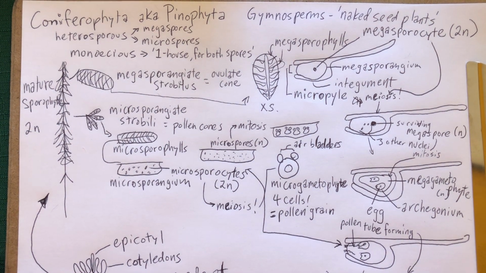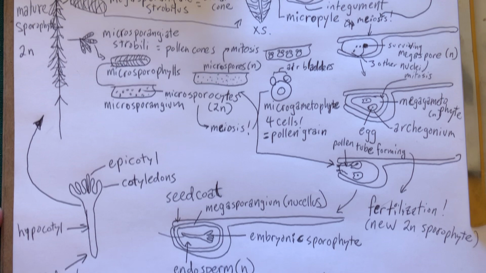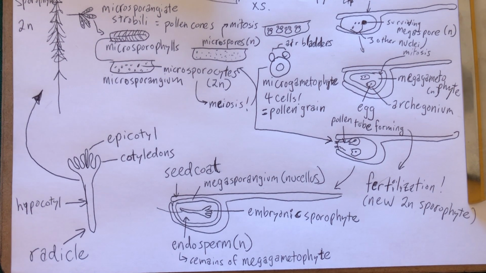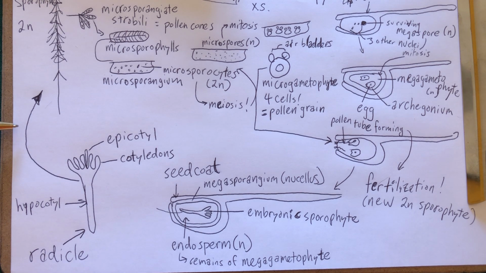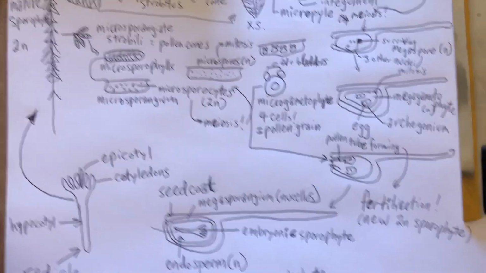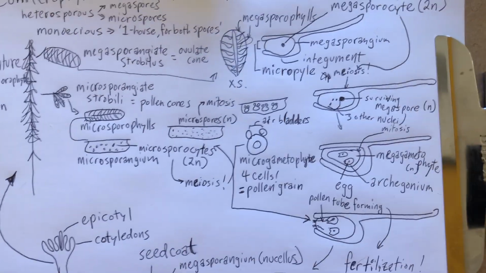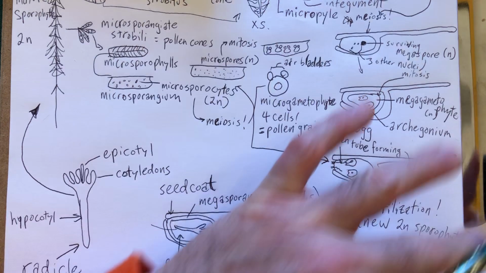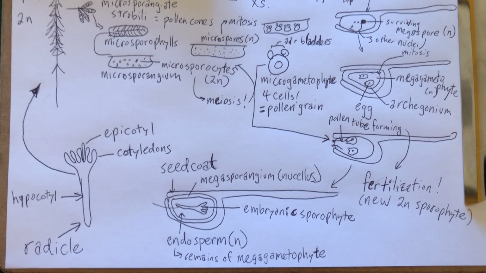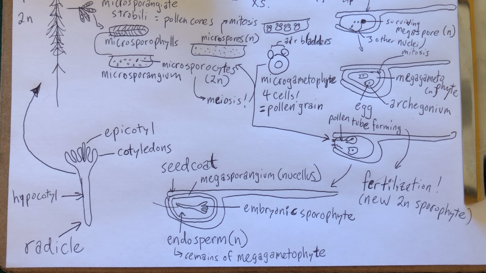So the vast majority of the life cycle is happening in this arrow here. But the part that we're interested in from a testing perspective for what you need to know about the life cycle is all the rest of this. Okay? So happy pine finding to you.